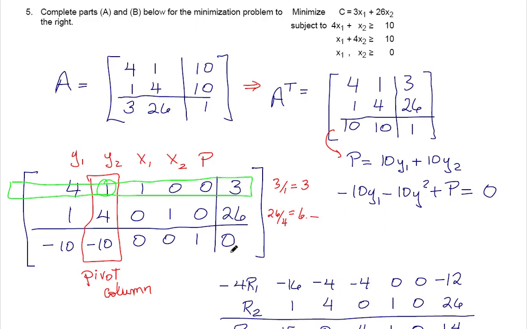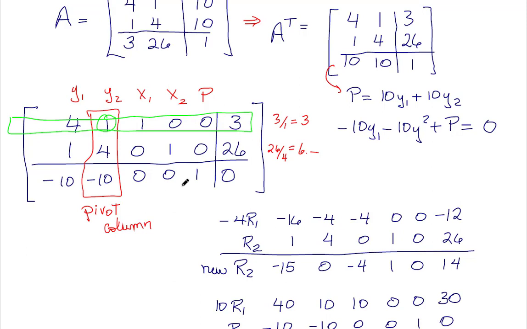All right, so I'm looking here and I see the most negative. Well, I have a choice. It could be minus 10 or minus 10. I decided to pick this one simply because I'm looking ahead. Where's the smallest? 3 divided by 1 is 3. 26 divided by 4 is 6 point something.